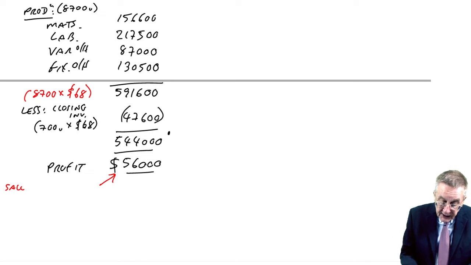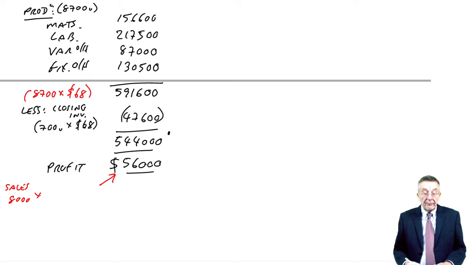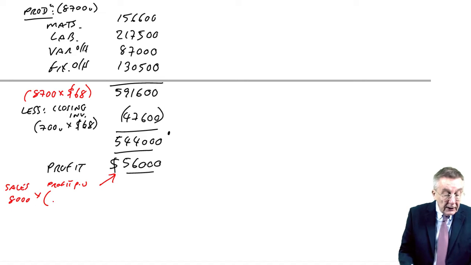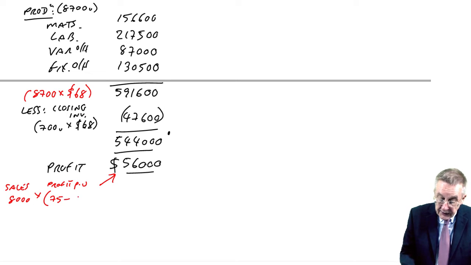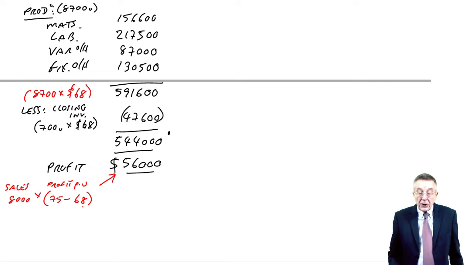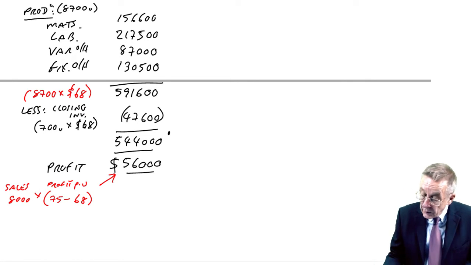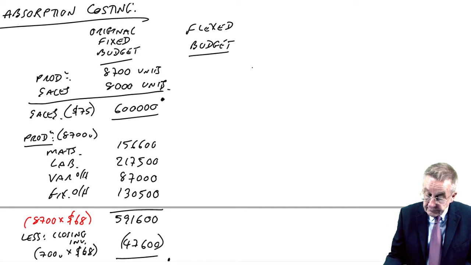Because we had sales of 8,000 units, the standard profit per unit, selling price 75, cost 68, so a profit per unit of $7. 8,000 at $7 is 56,000. So there's our original budget.